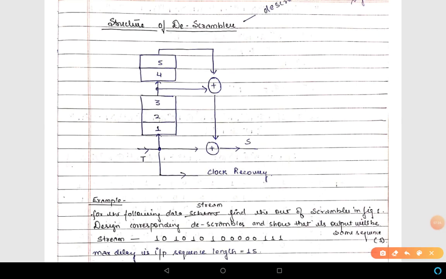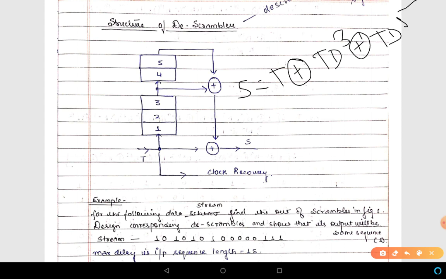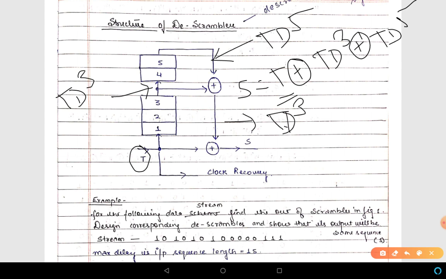So what we have got is S equals T modulo 2 XORing TD^3 modulo 2 XORing TD^5. At the receiver, what is available with us is T. This is your TD^3, this is our TD^5, and what is available here is TD^3 modulo 2 XORing TD^5.